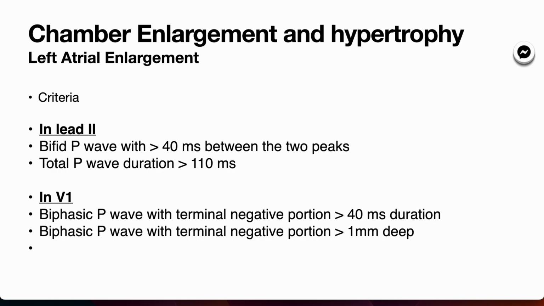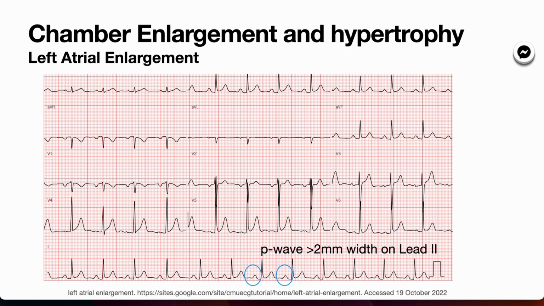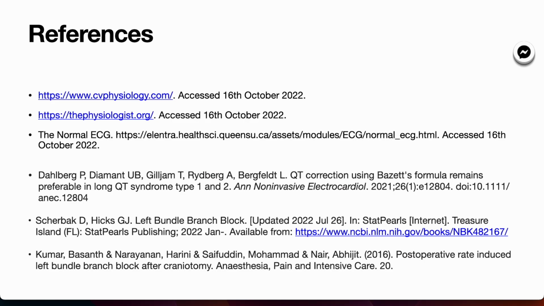That's left atrial enlargement. So basically, in left atrial enlargement, just try to look for the length. If it is more than 2 or 3 small squares, especially in lead 2, that is left atrial enlargement.